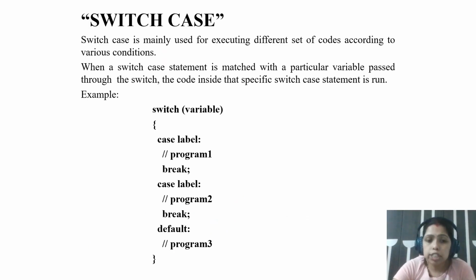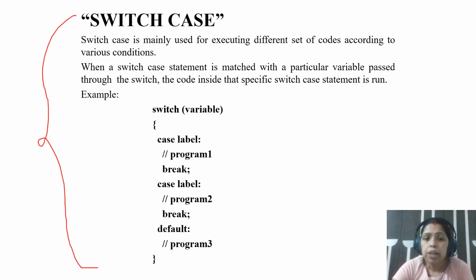Okay. The switch case is the same as in the C program. If we have multiple conditions, rather than writing multiple conditions in the if else statement, it is better to go for the switch statement. Okay, if you have four or five conditions, and based on those conditions you need to execute four or five sets of instructions, rather than going to the if else statement, because using the if else statement multiple times will be a little difficult for you.